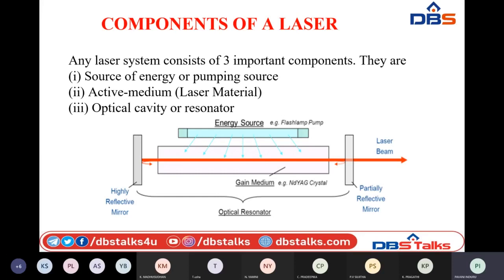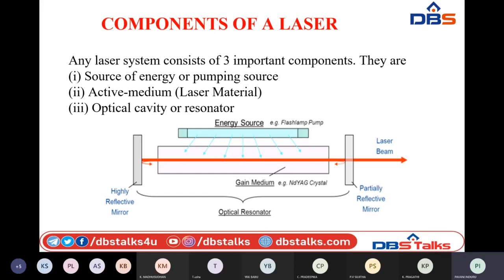The photons emitted by the process of stimulated emission travel in different directions. But if they travel in different directions, we will not be able to obtain unidirectional light. That is why we have to make them unidirectional by reflecting all the generated photons to travel in only one direction. This work is done by the highly reflective mirror.